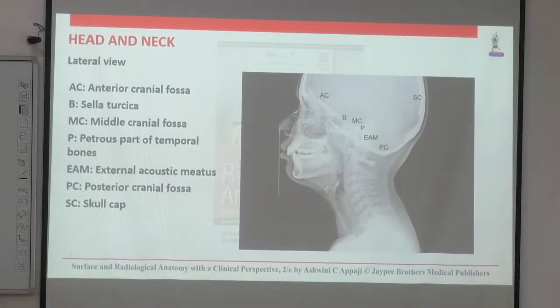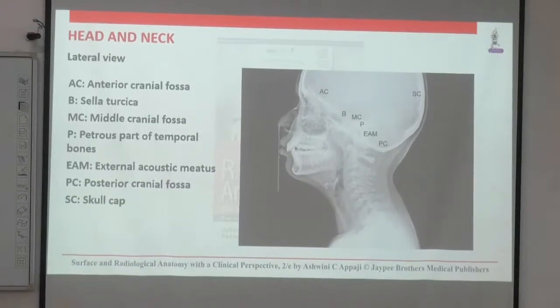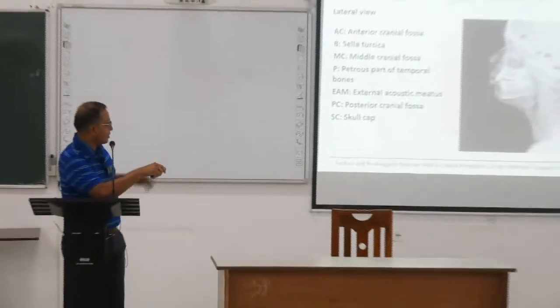Just like the anteroposterior view, this is the lateral view, and this view is zooming out on the region where you see the lateral view of the head. We are emphasizing the head region first, then we can understand the diseases or things related to the neck region. This region is the skull or calvaria.